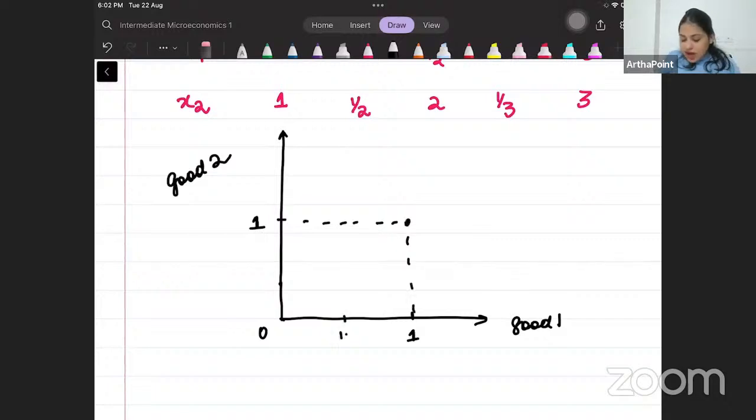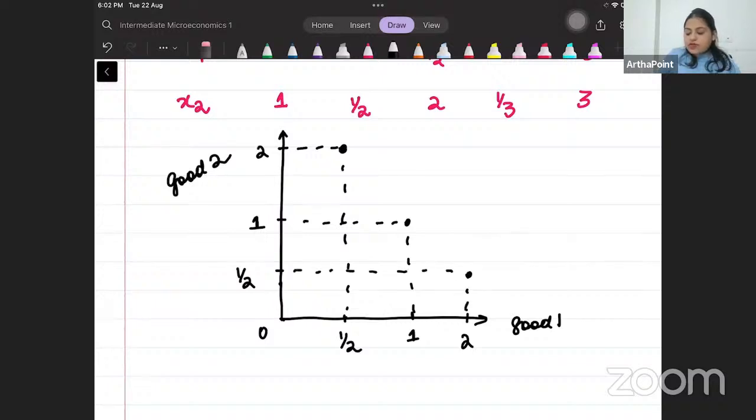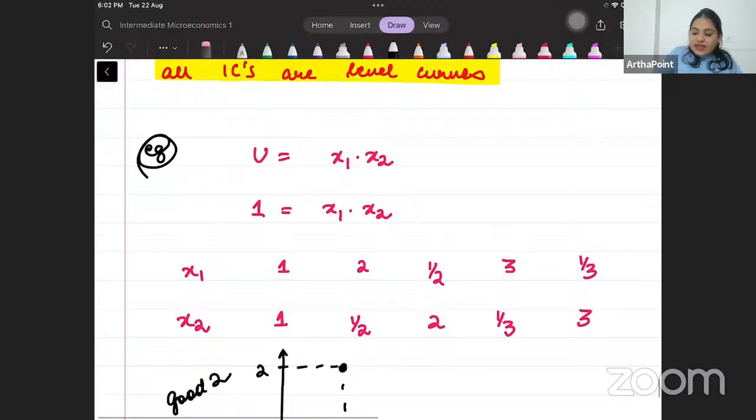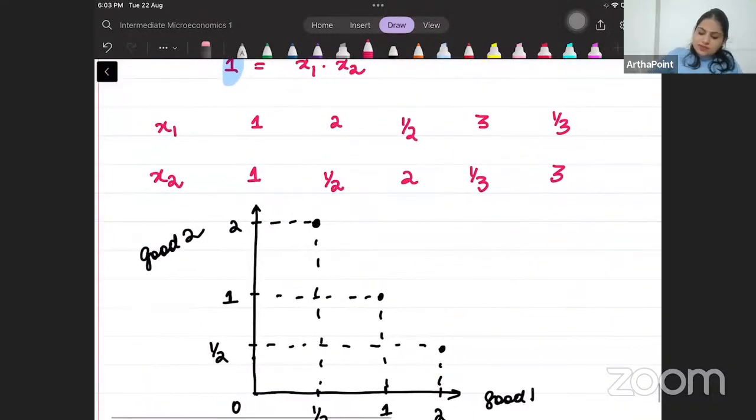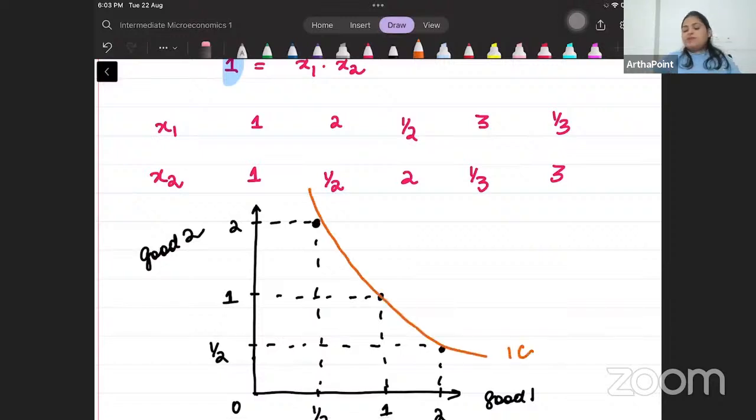Then beta, this is half and this is 2. This point should also lie on your indifference curve. Beta, this is half and suppose this is 2. So this point should also lie on your indifference curve. सबके utility तो 1 की ही है ना. Just join these. So beta, this will give you your IC.